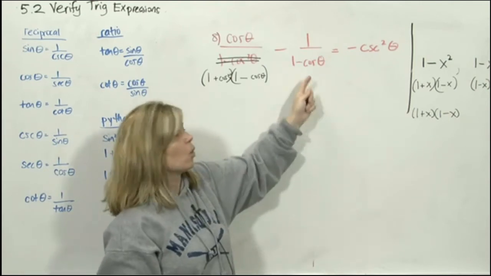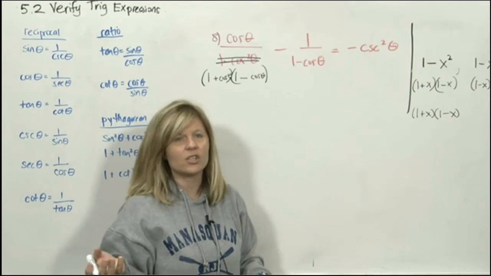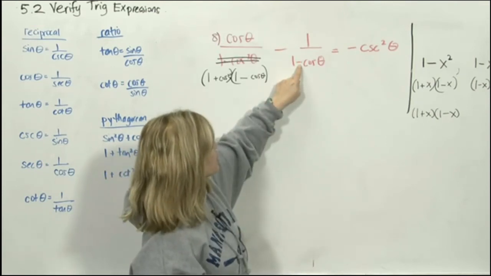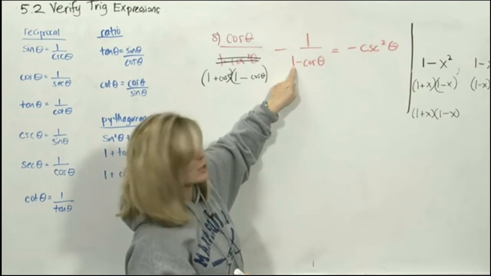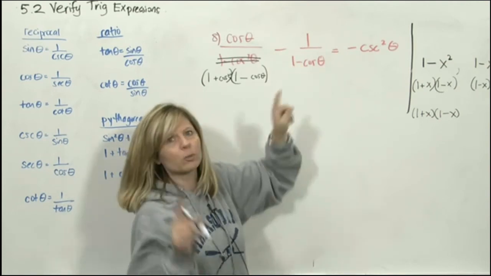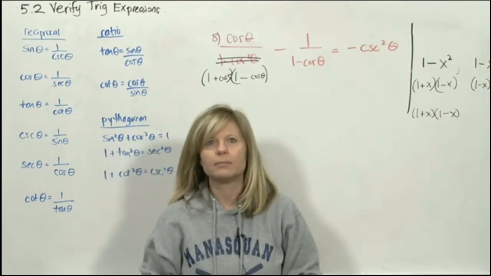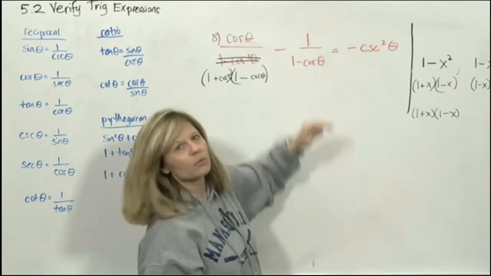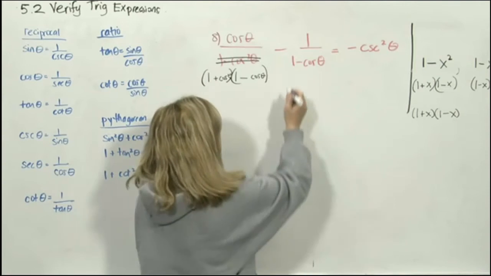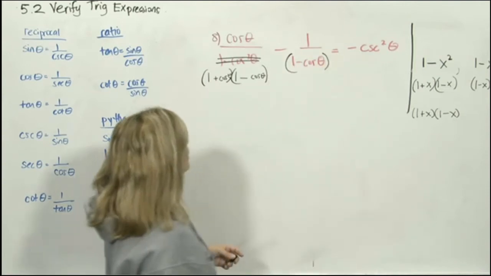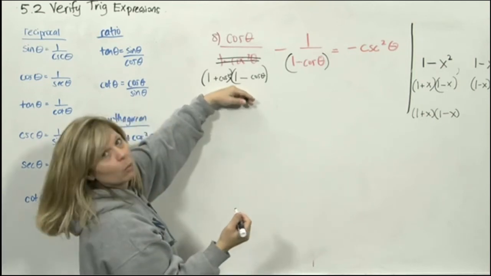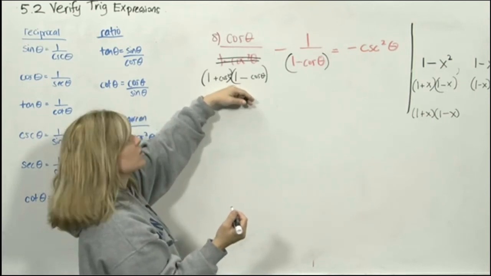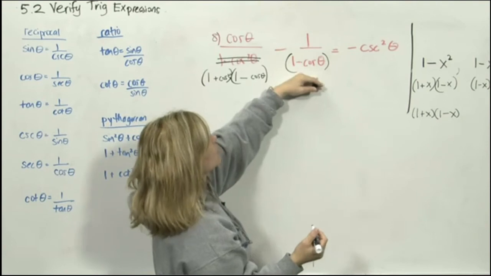The GCF is 1, so if you pull out a 1, it's not going to change. It's not a difference of perfect squares, because even though that's a difference and that's a perfect square 1, you can't multiply the same thing to get cosine theta. It's not a trinomial of 3 terms, so this denominator is in lowest terms. So now if I look closely, what is the common denominator between 1 plus cosine theta, 1 minus cosine theta, and 1 minus cosine theta?